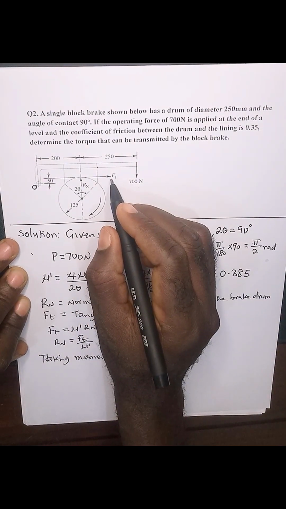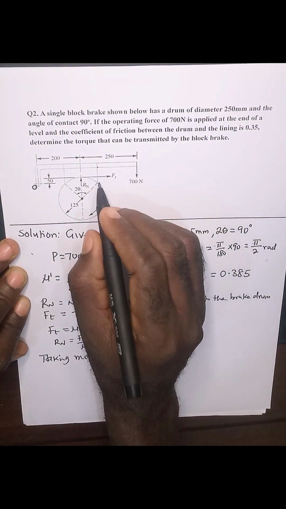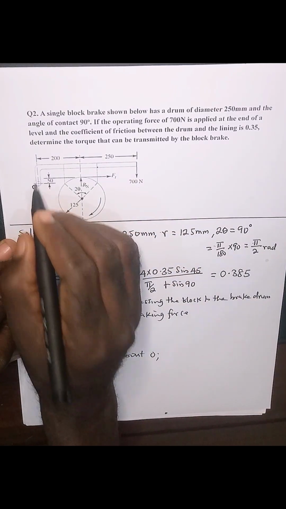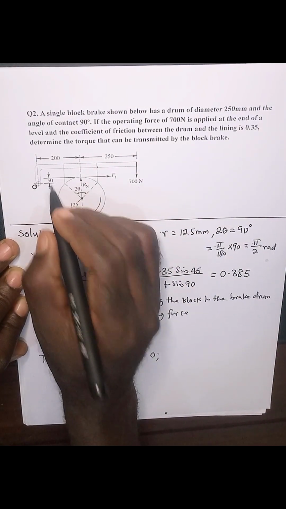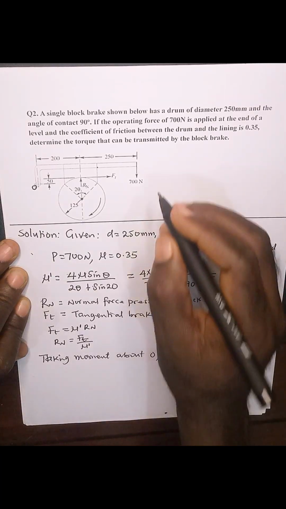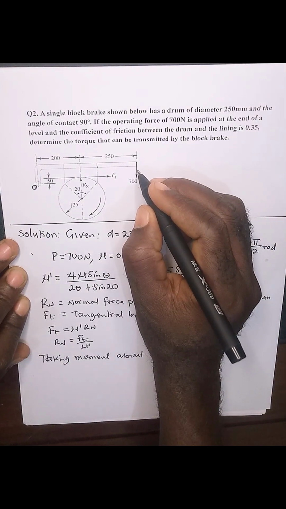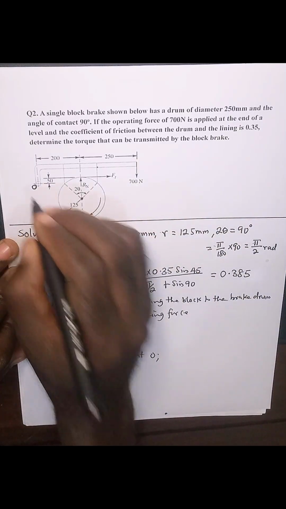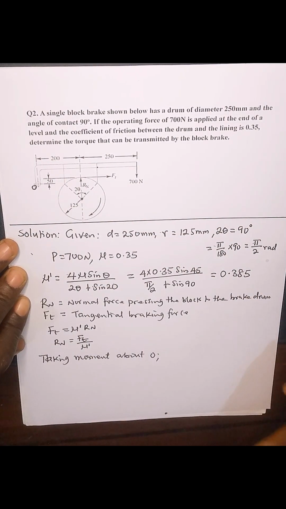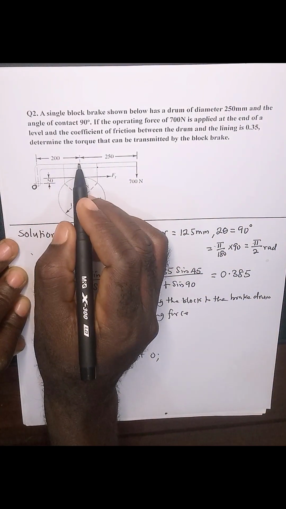Then the tangential force is acting in this direction, it will generate clockwise moment, and its perpendicular distance from the pivot point is 50 millimeter. Then the pressing force is acting downward, it will also generate clockwise moment, and its perpendicular distance is going to be this 200 plus 250.